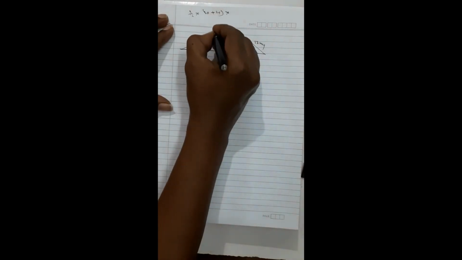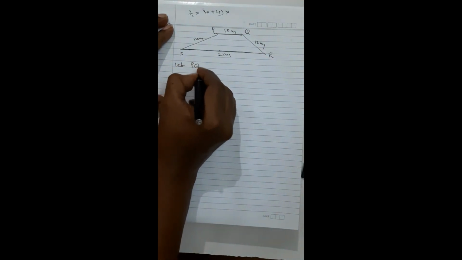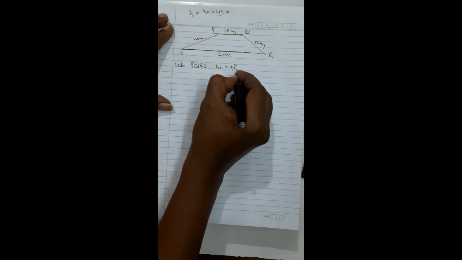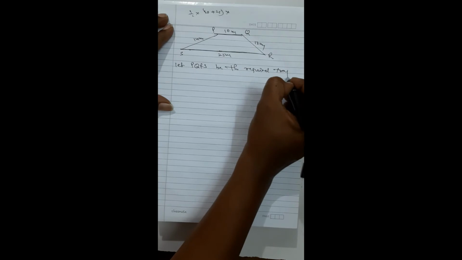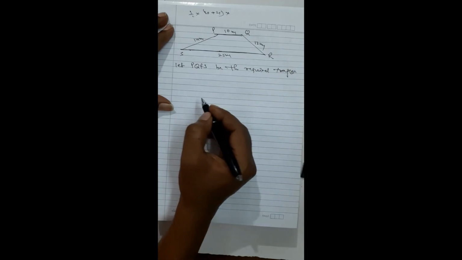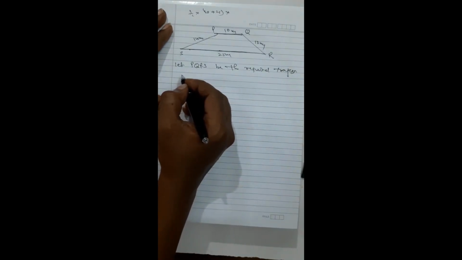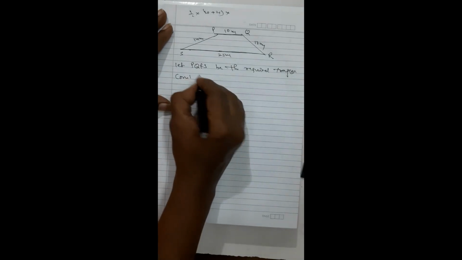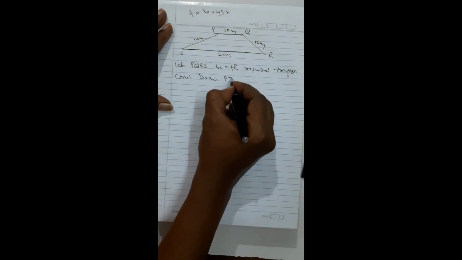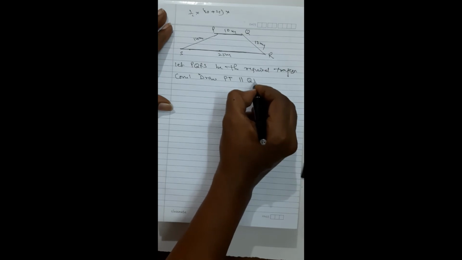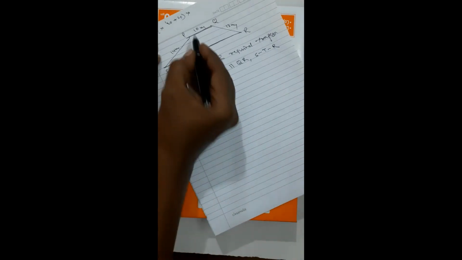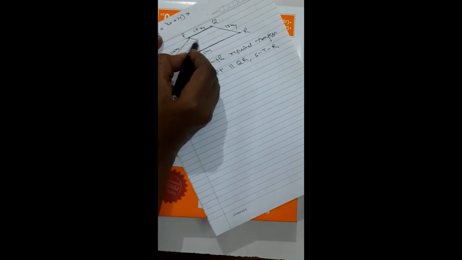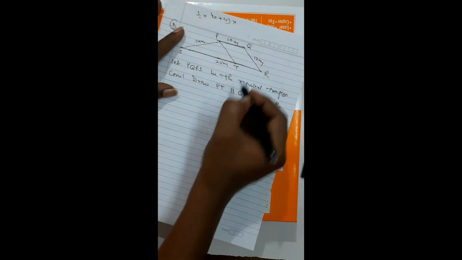Now here let PQRS be the required or given trapezium. Construction: draw PT parallel to QR. So this is QR, like this it will go parallel.